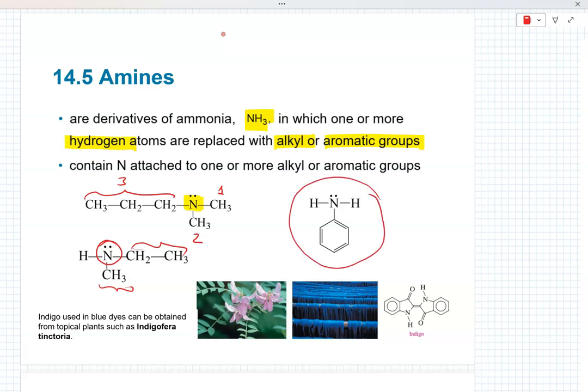Now this compound is quite famous. It's called aniline, or benzylamine. Why do I pay so much attention to aniline? It is a dye. It can stain clothing, for example.